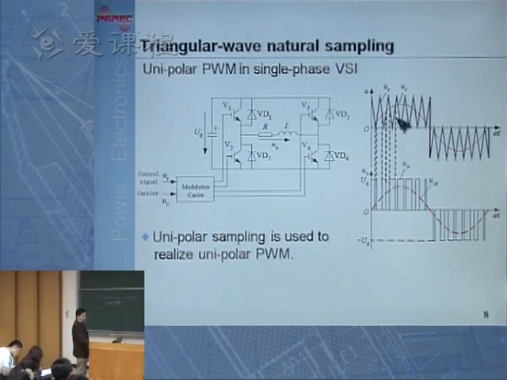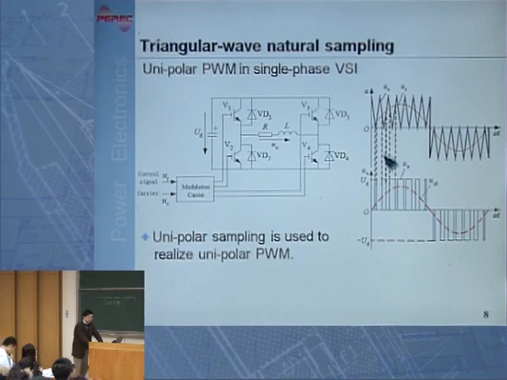And when the modulating signal is smaller than, let's say for this part of time, the triangular carrier signal, then I'm generating a zero level, zero voltage. So with this method, I can generate a series of same height but different widths of square wave pulses.